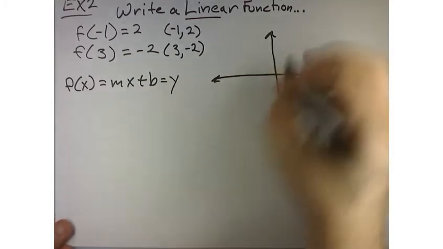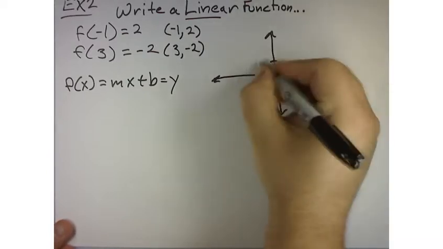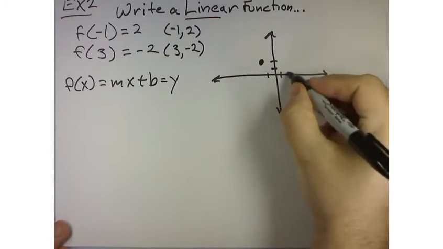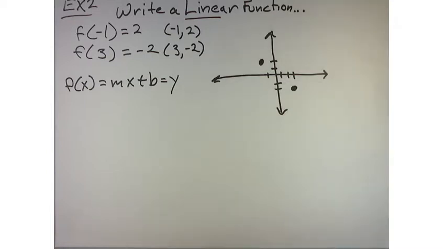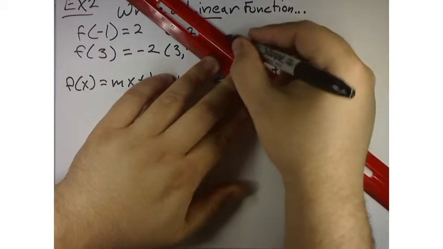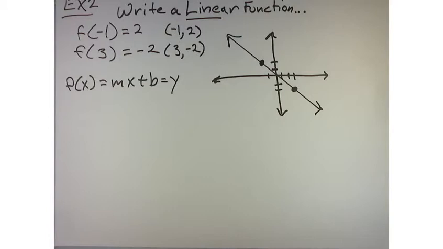So if I plot the point -1, 2, and I plot the point 3, -2, I'll get a graph that sort of looks like this, right? Now, obviously, Mr. Adams is freehanding it, but I'll get a graph that kind of looks like that.